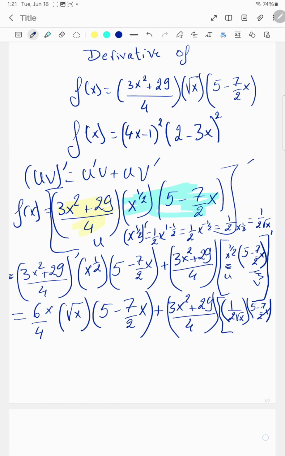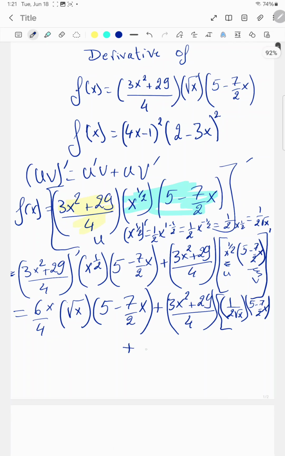This is u prime v plus u v prime, plus the square root of x, which is x to the power 1/2, and the derivative of minus 7 over 2x is minus 7 over 2. And I close my big parenthesis here.